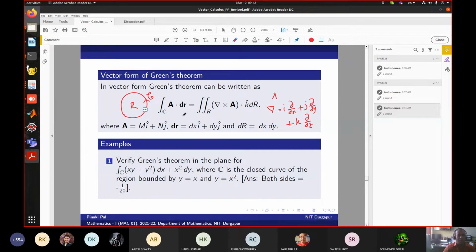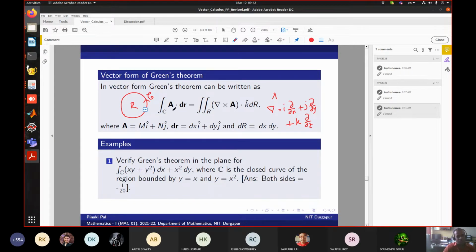And sometimes evaluation of this line integral is difficult. It might happen depending on the nature of the function. So then we will convert this to a double integral using this formula, and this double integral might help you to determine the work done.